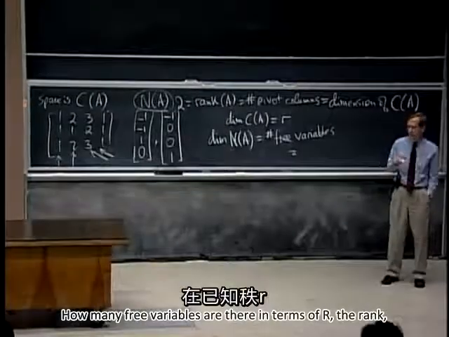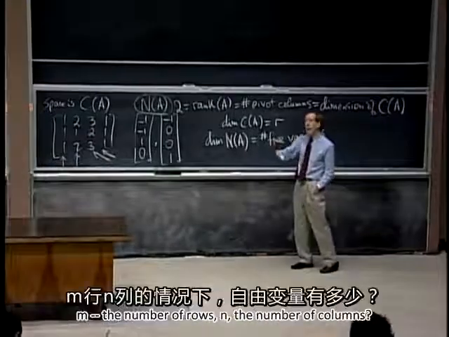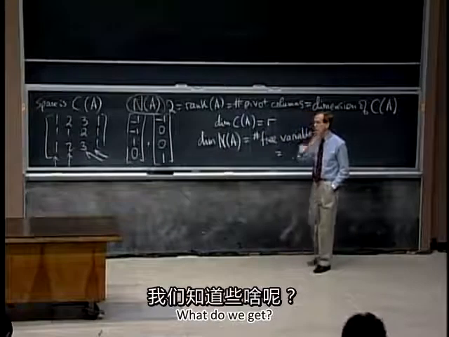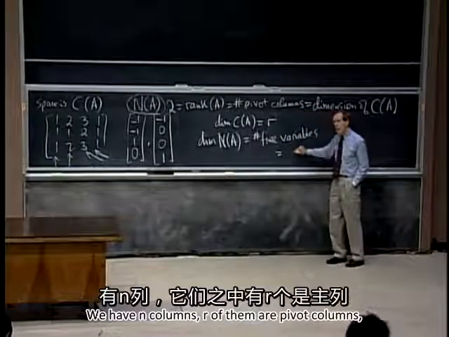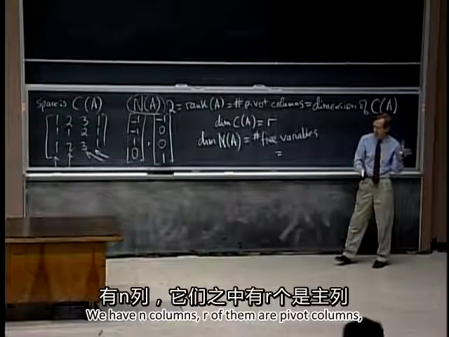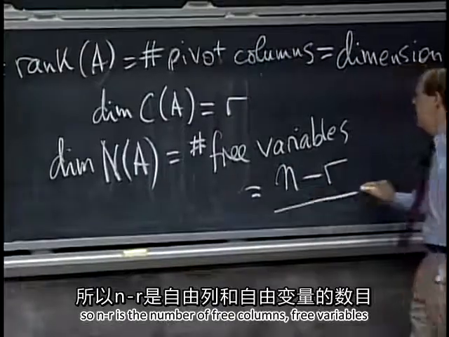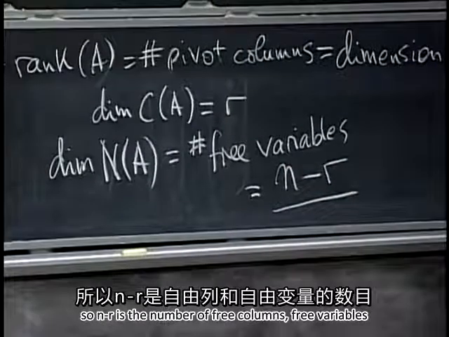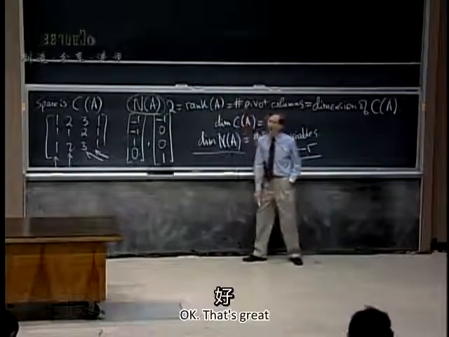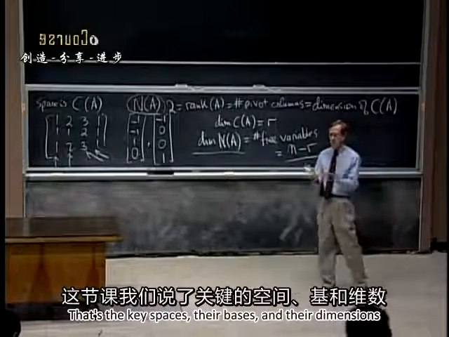How many free variables are there in terms of R, the rank, M, the number of rows, N, the number of columns? What do we get? We have N columns. R of them are pivot columns. So N minus R is the number of free columns, free variables, and now it's the dimension of the null space. Okay, that's great. That's the key spaces, their bases, and their dimensions.